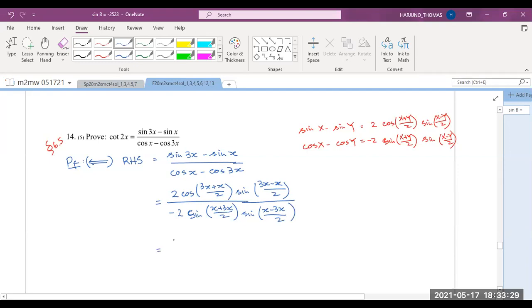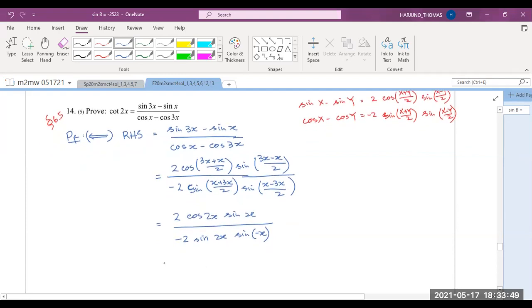That equals 2 cosine 2x sine x over negative 2 sine 2x sine negative x.